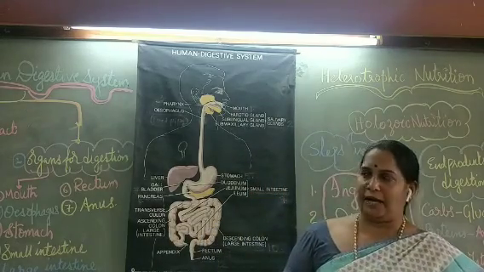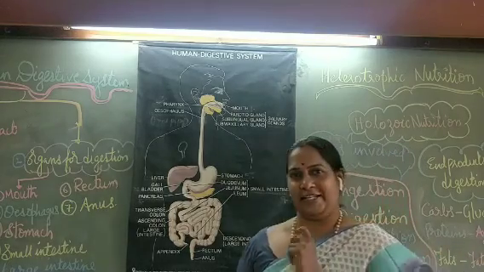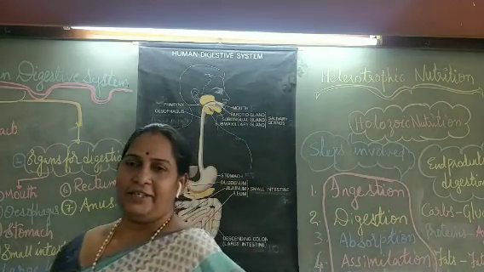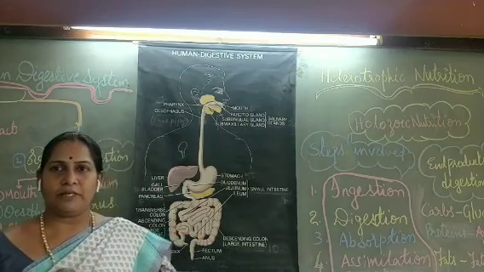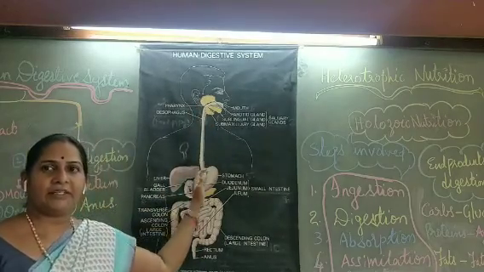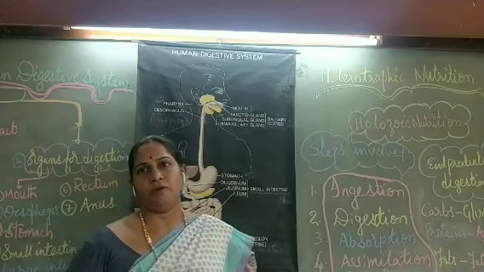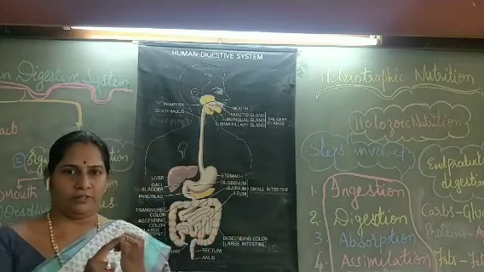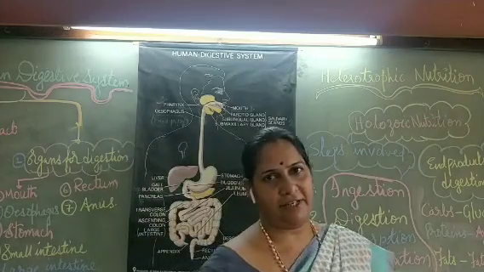That is the first part the tongue does. Second, it detects taste. And third, it helps in easy movement of food into the next part of the digestive tract. So, in the mouth, three main things are working: one, teeth, two, tongue, and three, the salivary glands.